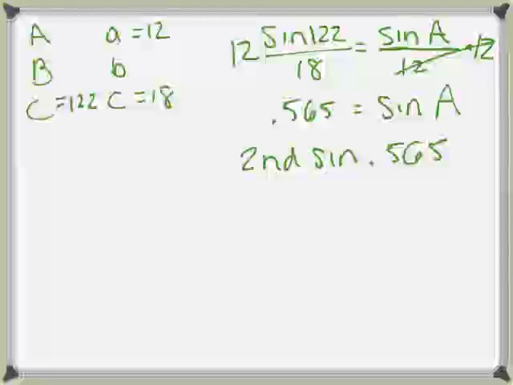Rounding can make a really big difference here. So go to several decimal places when you're doing this. So second sine of that decimal gives us the answer for angle A, which I got is about 34.4. But if we're going to go to the closest, we'll just say it's 34.